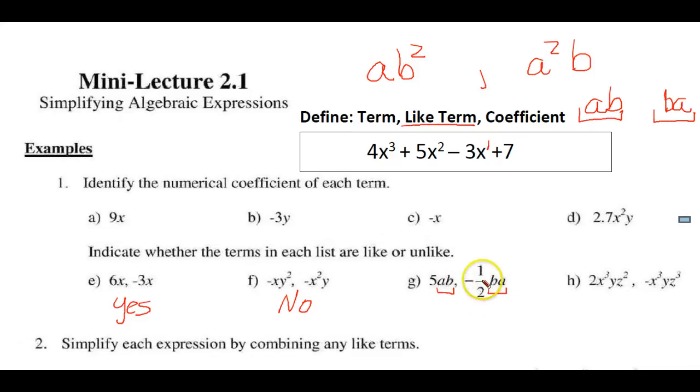Again, they're not exactly the same, but they are like terms. Here we have x to the third, x to the third, y to the first, y to the first, z to the second, z to the third. So no, they almost were, but not.